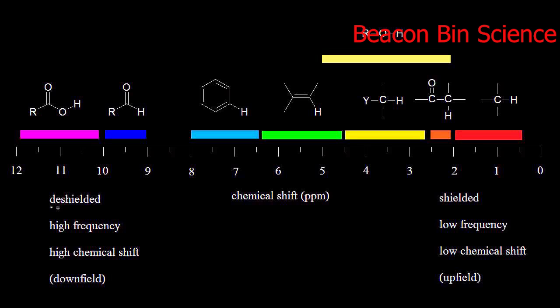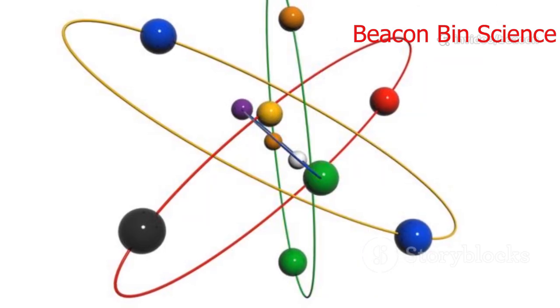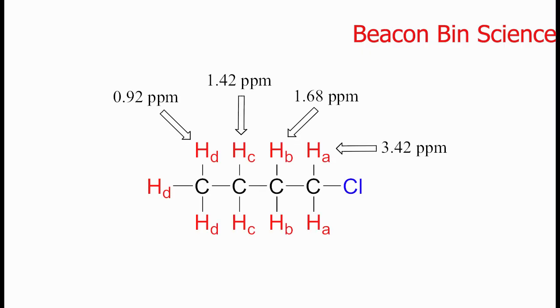Hydrogens stuck to carbons next to electronegative atoms, like oxygen or chlorine, get pulled away from their electron cloud sunblock, so they show up at higher shifts.